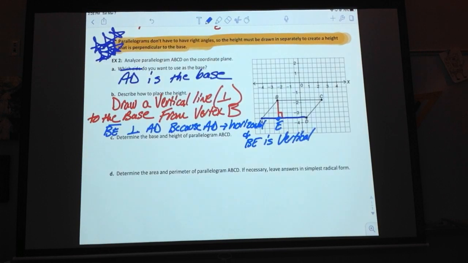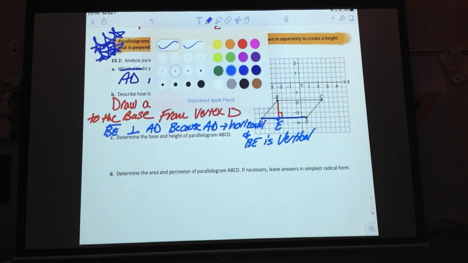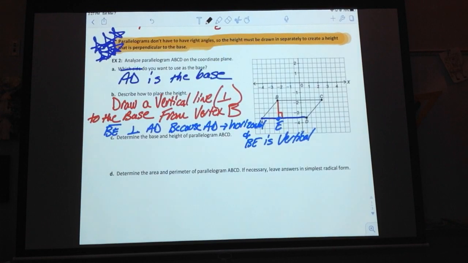So, here we go. What do I know? Well, let's find the points. I know that B is at negative 2.5, and what is that? Negative 1.25. Okay.